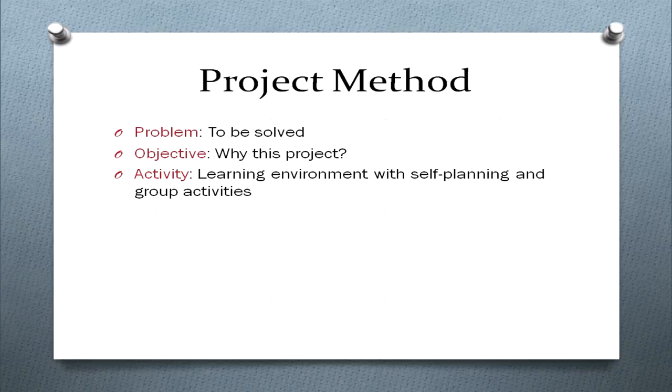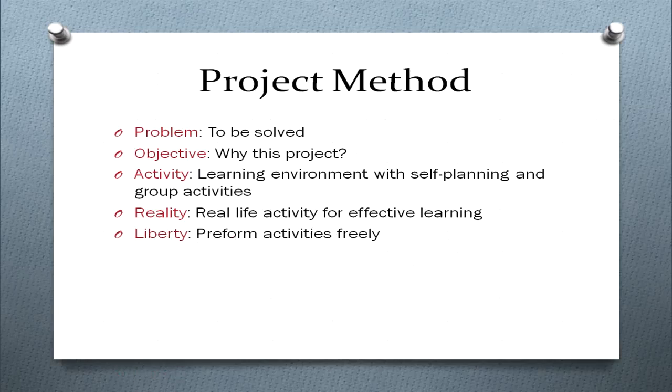In a project method, we give children a learning environment with self-planning and a lot of group activities while undertaking a project. They have a real life activity for effective learning. They have liberty to perform activities freely because here the children are the ones undertaking this project and not the teacher.